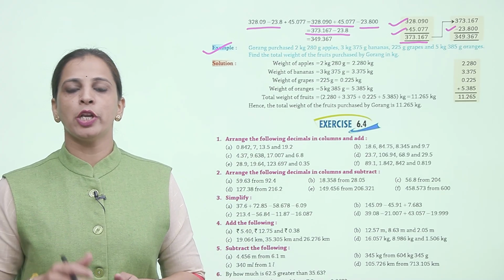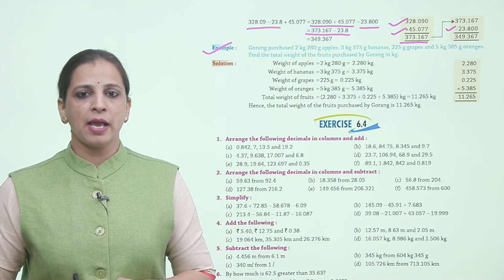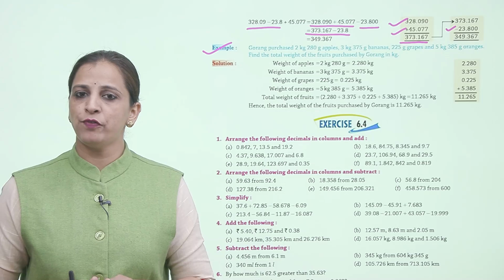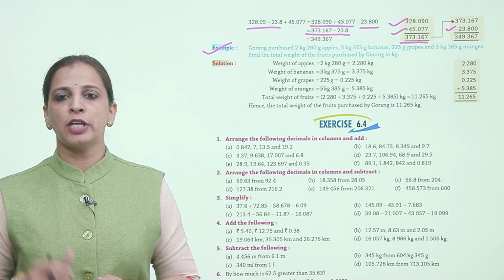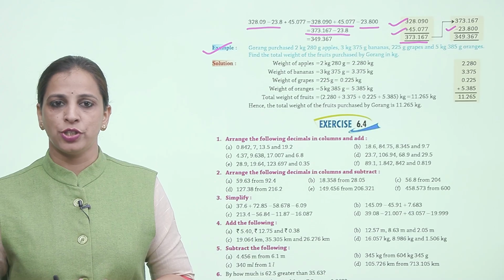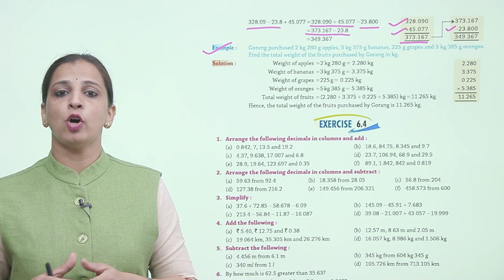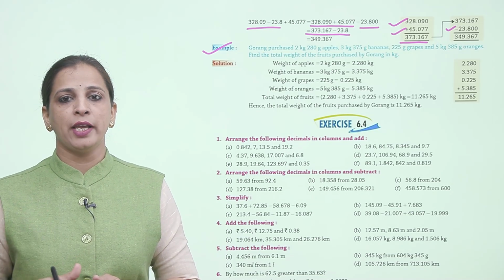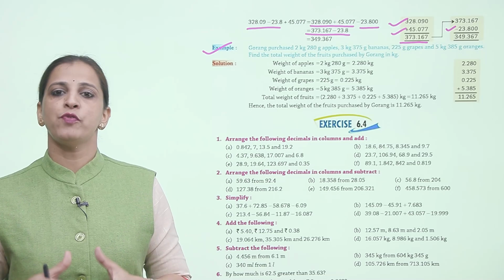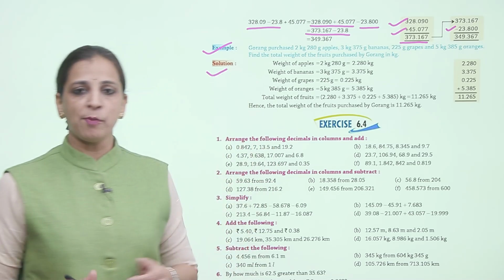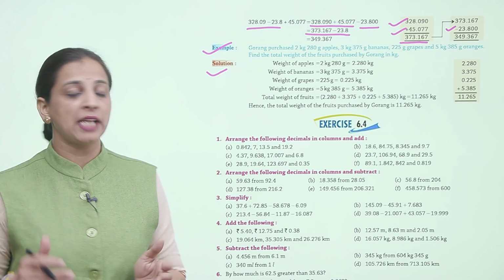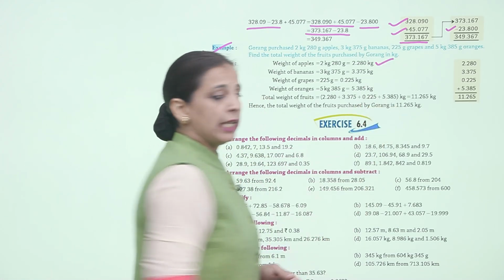Gorang purchased 2 kilogram 280 gram apples, 3 kilogram 375 gram bananas, 225 gram grapes and 5 kilogram 385 gram oranges. Find the total weight of the fruits purchased by Gorang in kilogram. Solution: weight of apples is 2 kilogram 280 gram, that becomes 2.280 kilogram.